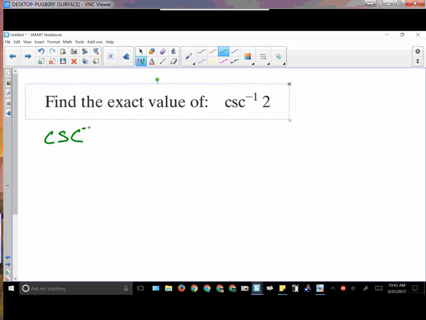Okay. And he said cosecant goes with sine, right? But it goes like this, right? So what does that mean? What does sine have to be then? Because this is 2 over 1. What would sine have to be in order for that to be that?